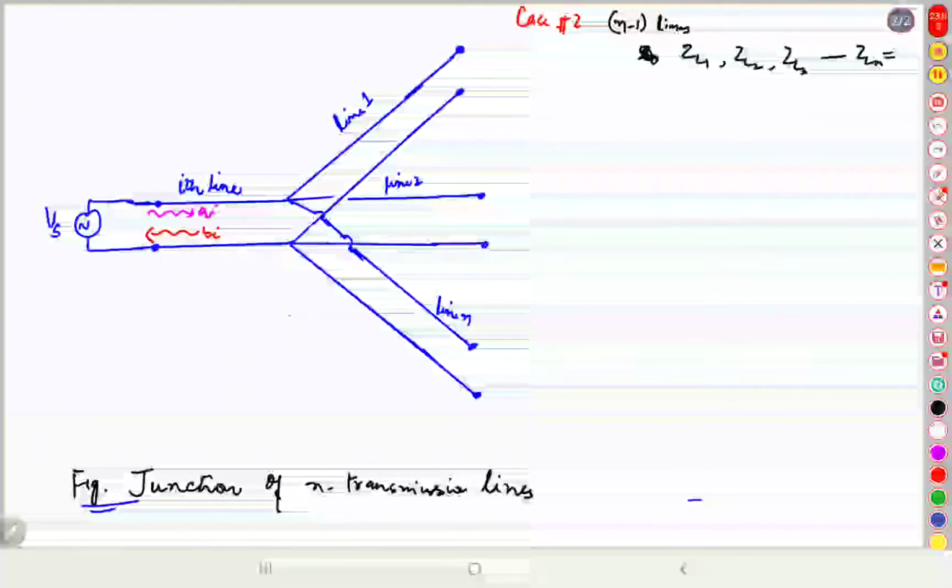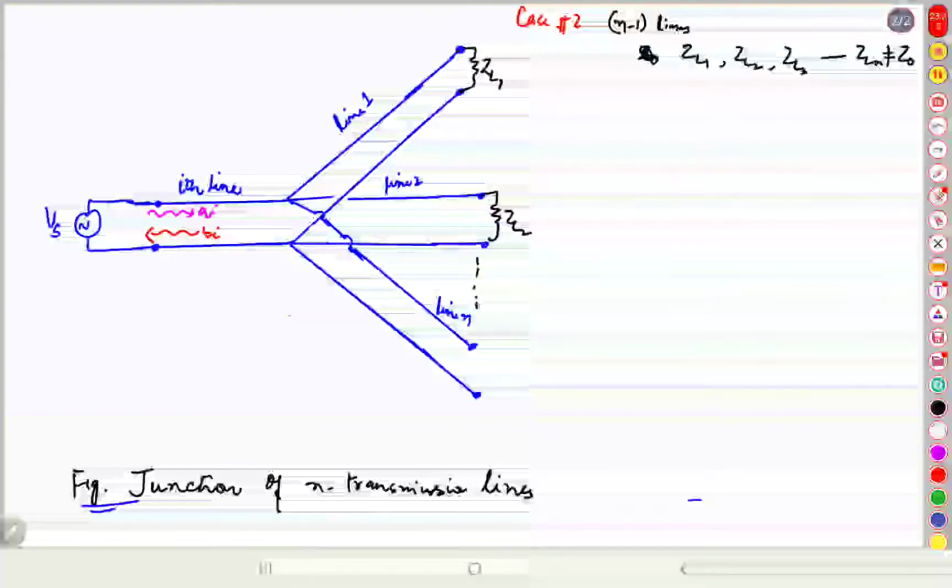They are not equal to the characteristic impedance. So if I connect here at port 1, I am connecting ZL1. This is our port 1. Line 2, port number 2, is ZL2, and so on. Line number n is connected to load ZLN, and none of these loads is equal to the characteristic impedance Z0.